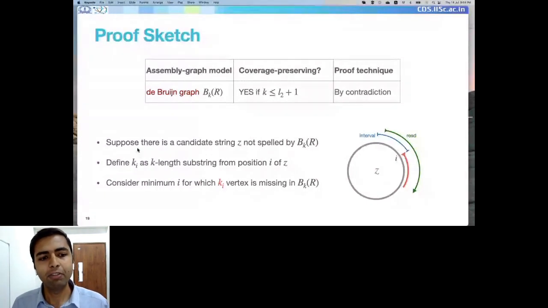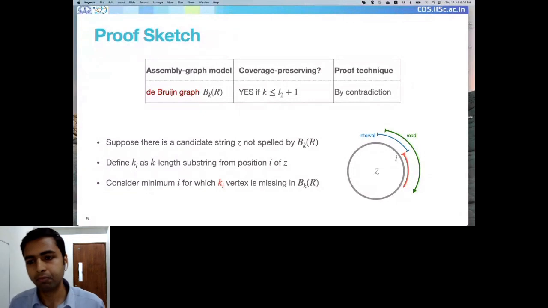So here the proof is by contradiction. We will assume that there is a candidate string Z which is not spelled by the De Bruijn graph. Suppose Ki denotes the k-mer starting from position i of string Z. In this figure, the red curve denotes the k-mer i. And consider the minimum i for which the k-mer i, Ki, is missing in the De Bruijn graph.